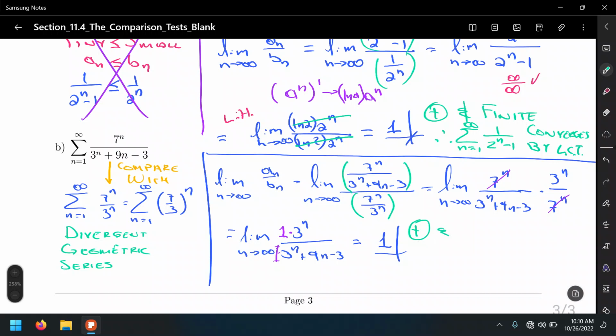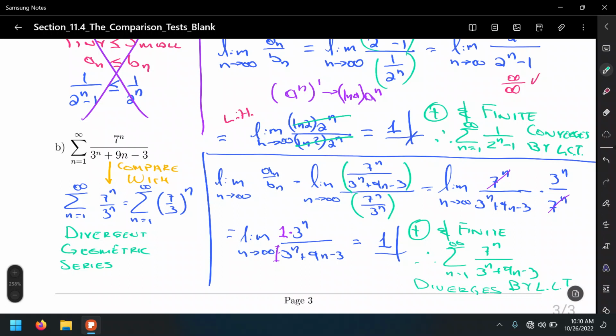Now, is this limit positive? Is it finite? For this reason, the series sigma n equals 1 to infinity, 7 to the n over 3 to the n plus 9n minus 3 also diverges by the limit comparison test, right?